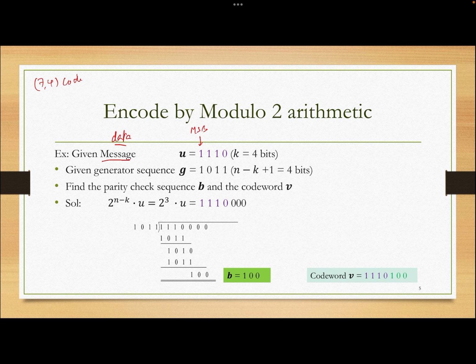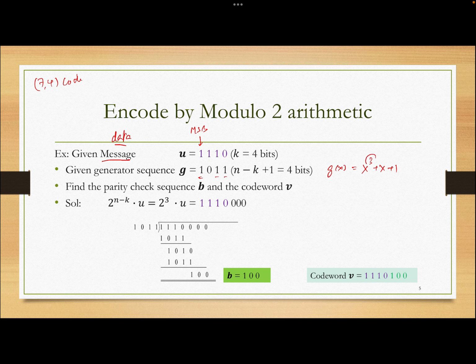We talked about the generator sequence. This is the generator sequence 1011. What is the corresponding generator polynomial g(x)? The generator polynomial uses the coefficients from the generator sequence. So this is the most significant bit, right? So x cubed plus x plus 1. So this is g(x).